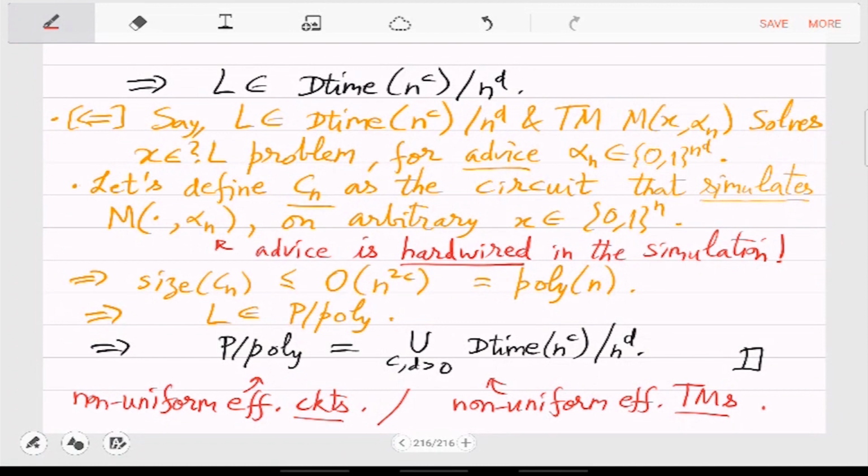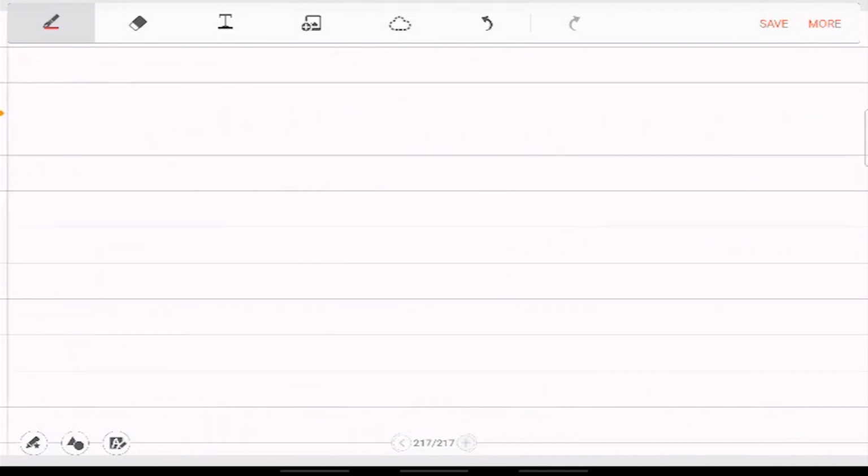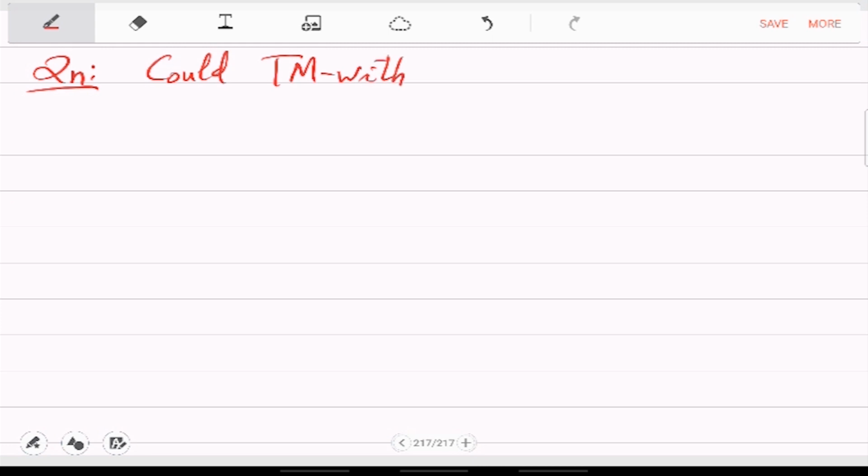Now, can these advised Turing machines solve something as hard as SAT? That is the next question you can ask. Could a Turing machine with advice solve SAT?